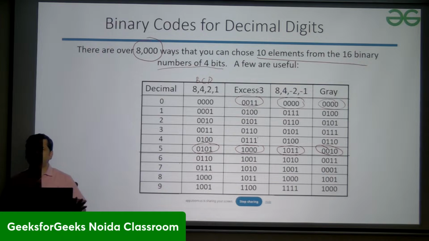So lots of ways are there that can be used for representing any particular information. And that is entirely different from conversion from one base to another base. Why is it required?